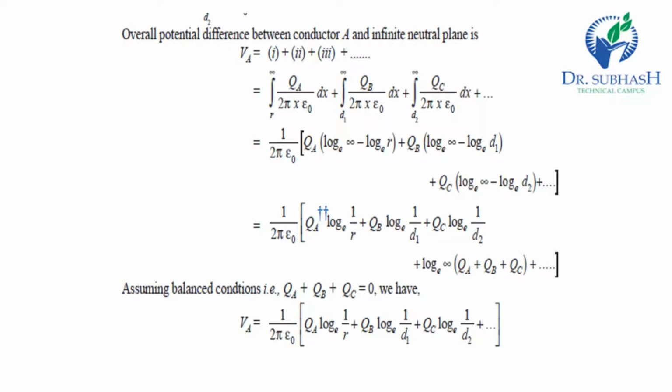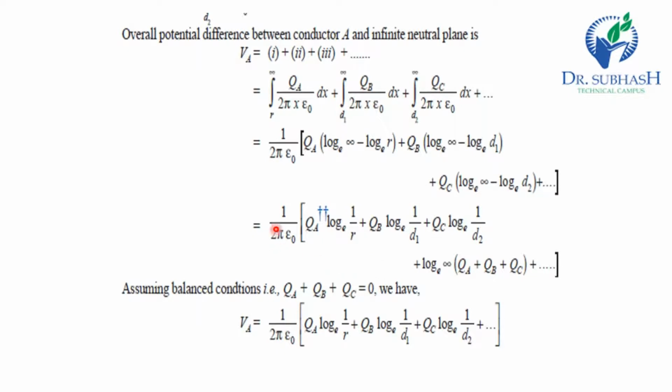So we put the limits r to infinity, D1 to infinity and D2 to infinity. We have an equation, as seen in the figure: log infinity minus log r, log infinity minus log D1, log infinity minus log D2. Now solve this equation.